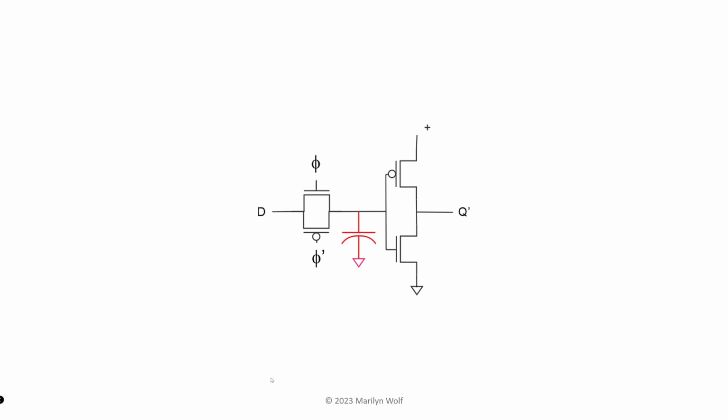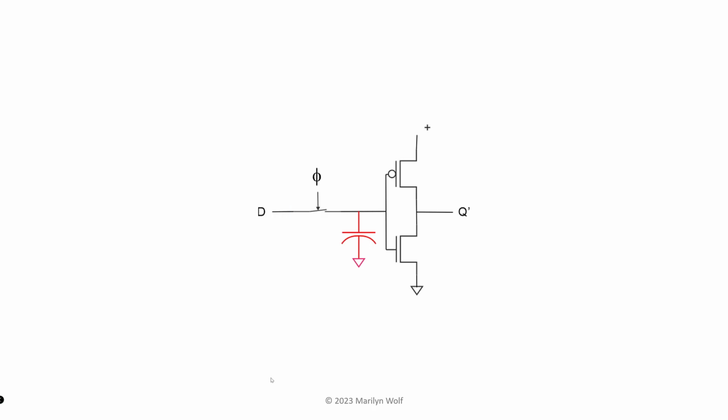The inverter provides a parasitic capacitance. That capacitance is part of the transistor structure. It's not a separate component, but we can take advantage of it to store logic values. We'll use the transmission gate to control access to that parasitic capacitance.